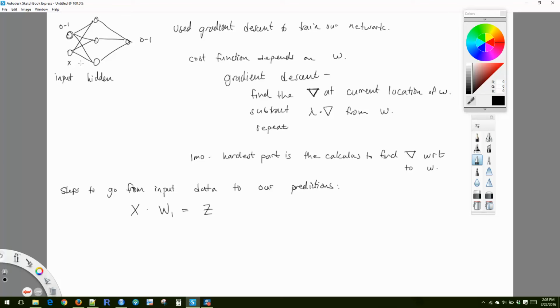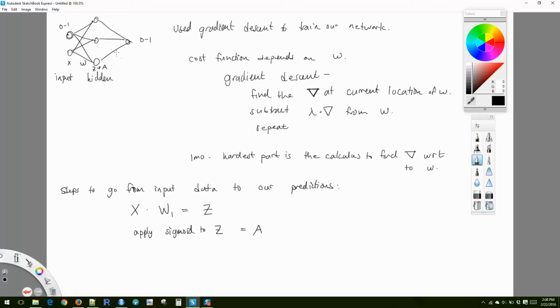We multiply them by W, and that goes into Z. Then what do we do to Z? We apply a sigmoid function to Z to get A, and that's the output of our nodes.